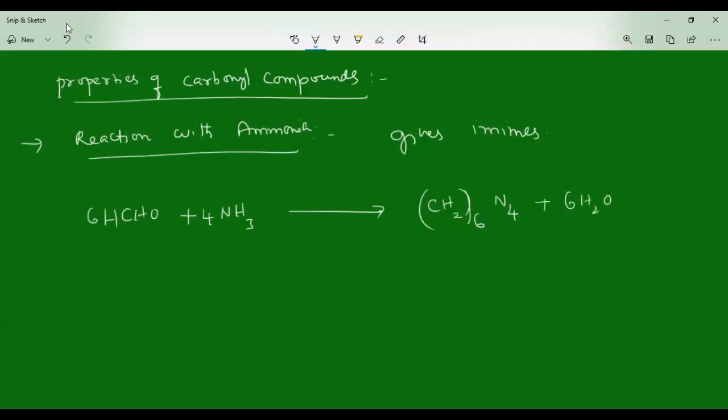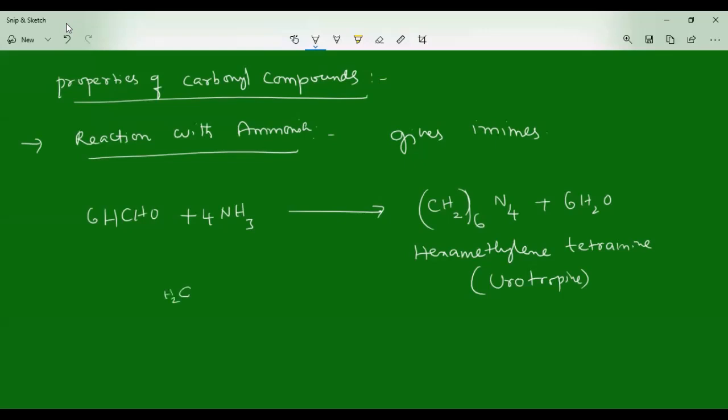The compound we obtained here, simply we will call it hexamethylene tetraamine. Also we will call it urotropine. Urotropine, important name for this one. And this urotropine structure, if you see, looks like a cyclic one. How is it cyclic?